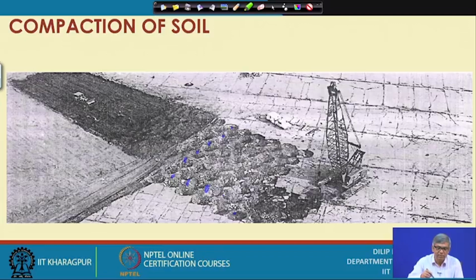Suppose deep dynamic compaction is done and the surface is somewhat leveled, and then finally a roller runs here for the final finishing of the work. That is the small disadvantage, but the advantage is more, because I am putting a weight here, but its effect goes to more than 10 meter depth. So that is a very effective way to compact the soil.